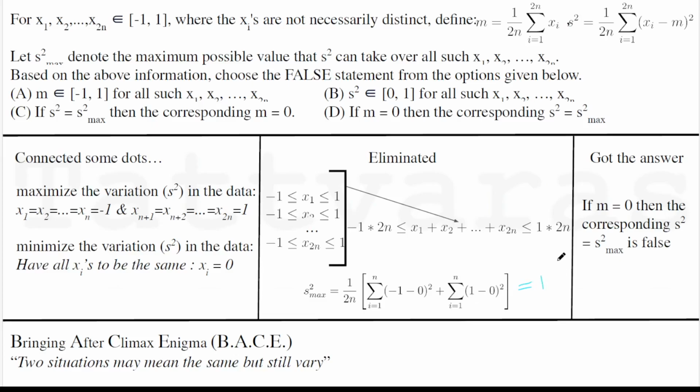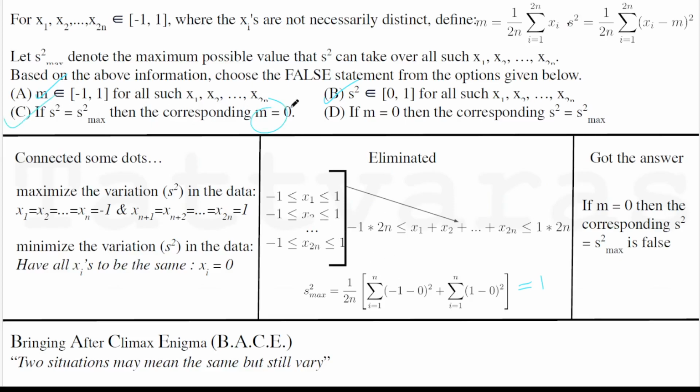And we get the answer that when the mean is 0, then the corresponding S square is maximum. That thing is false? No, because we saw that this is true. Because we found the value of S square max, which is 1, we see that this is true. And when indeed S square is maximum, the mean is 0.